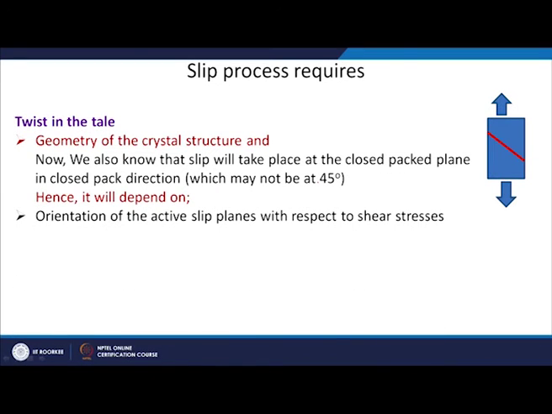Ultimately, slip is going to take place only in the 111 plane, depending on how it is aligned with the shear stress direction. Hence, it will depend on the orientation of the active slip planes with respect to shear stresses. Okay. So, basically this is what we are saying, that ultimately the atomic arrangement is the one which is going to decide whether you are going to get deformation or slip in that particular direction or not.